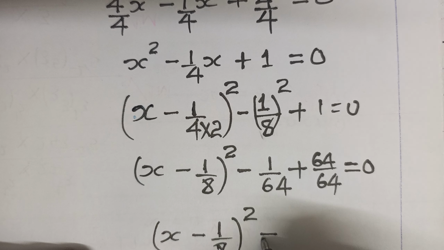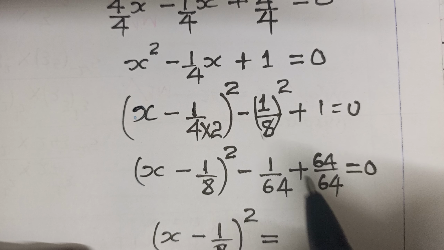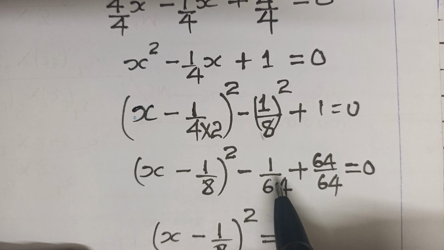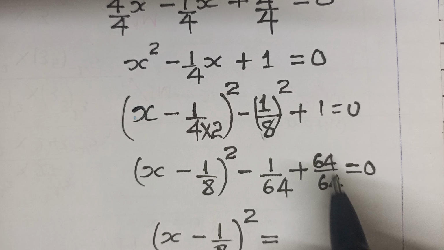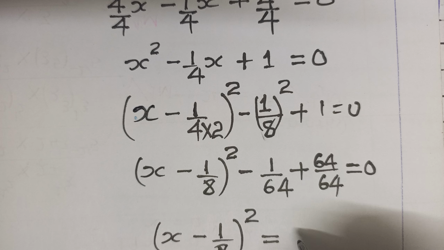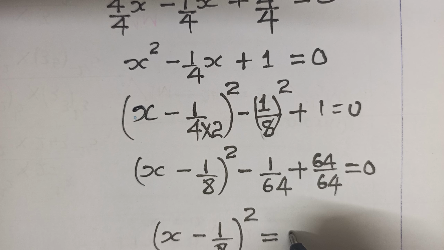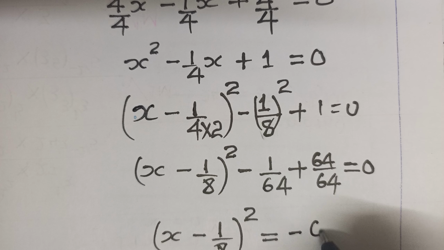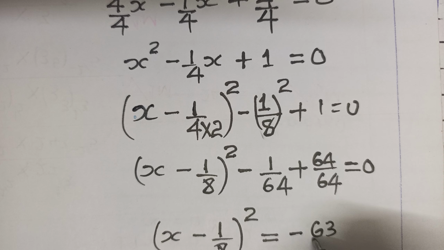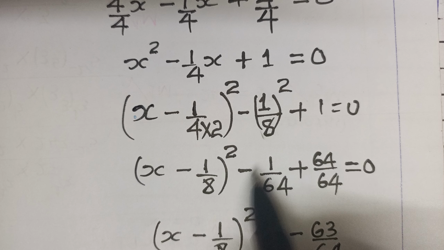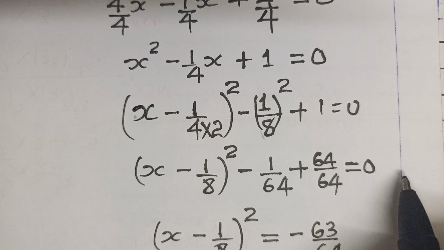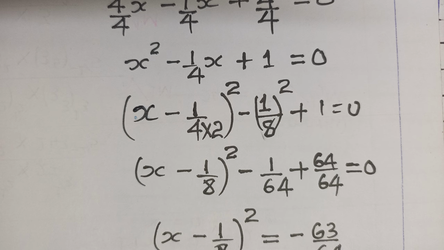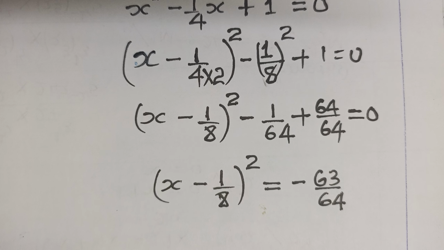Guys, we can now take these figures on this side. But before that, we can say 1 minus 1 over 64 plus 64 over 64 gives us 63. And so therefore, we shall have 63 all over 64 this side. That is, when it is on this side, it is 63 over 64. So when we bring it this side, it becomes negative 63 over 64.